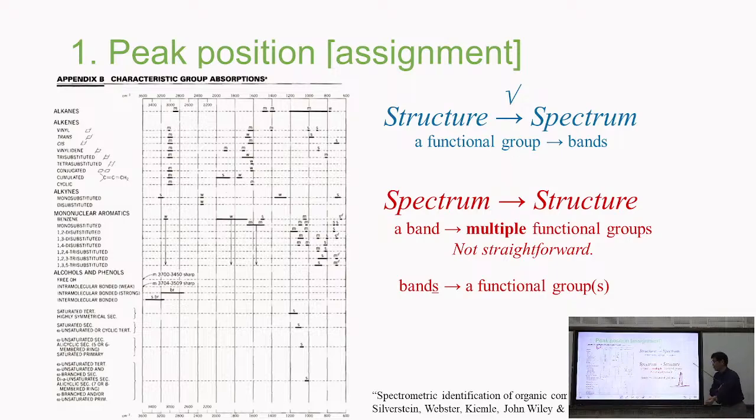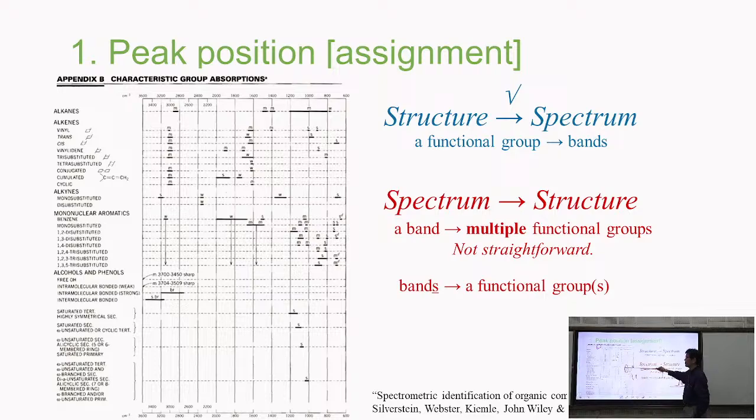So what you should do is, when you find some characteristic band, consider the possibility of this peak, this peak, this peak, and return to this kind of table. In possibility A, when I find a peak around this region, there are multiple possibilities. If the first possibility is true, then a corresponding peak should appear here.